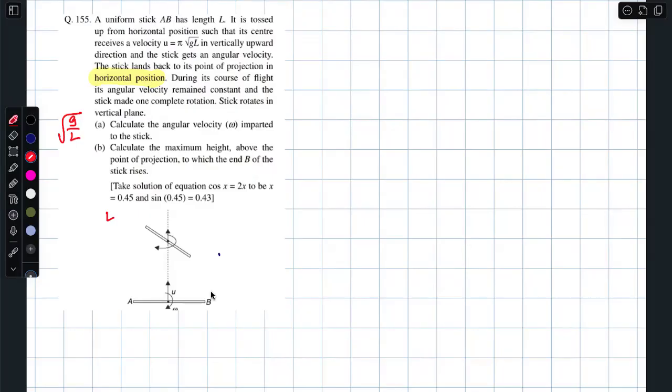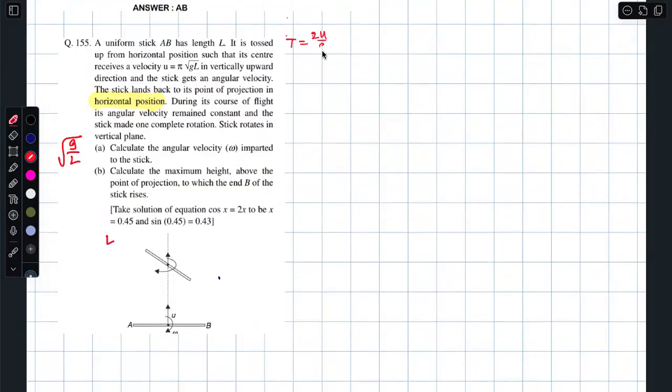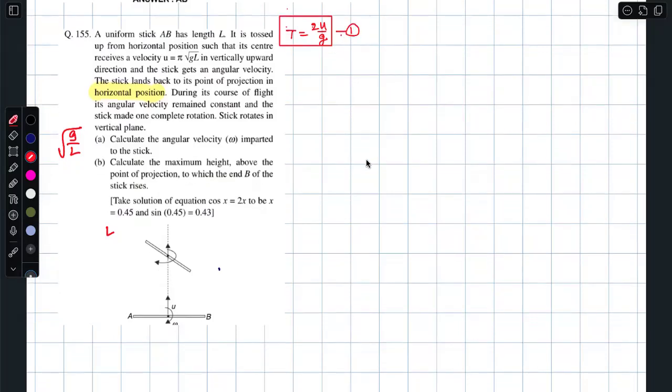First of all, you have projected this with speed u. So the total time of flight t is 2u by g. One complete rotation means the total angle covered is 2 pi.